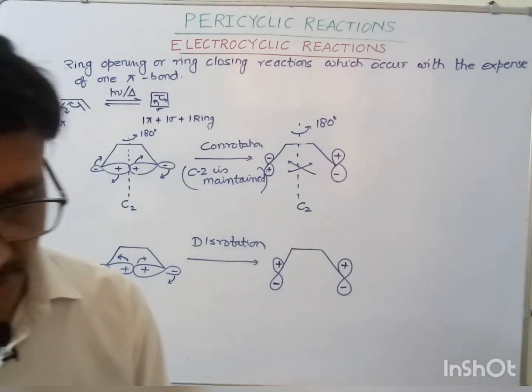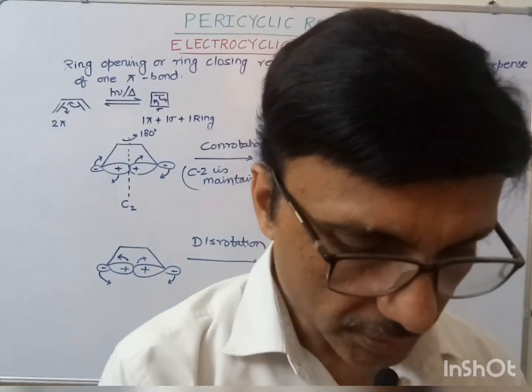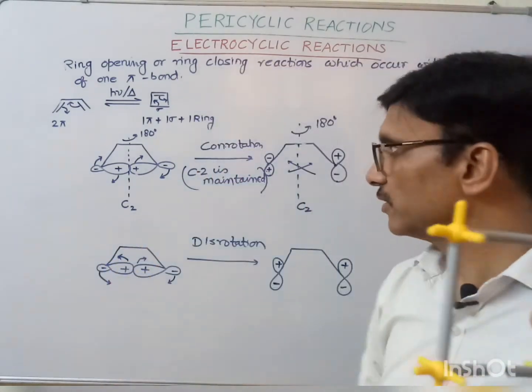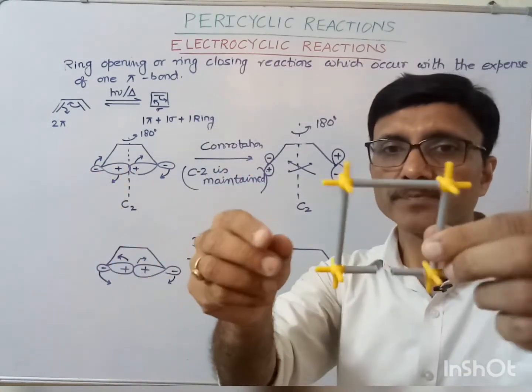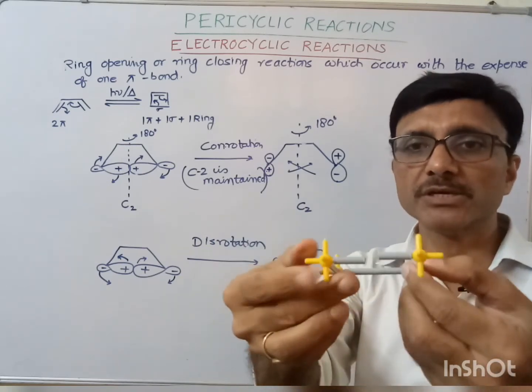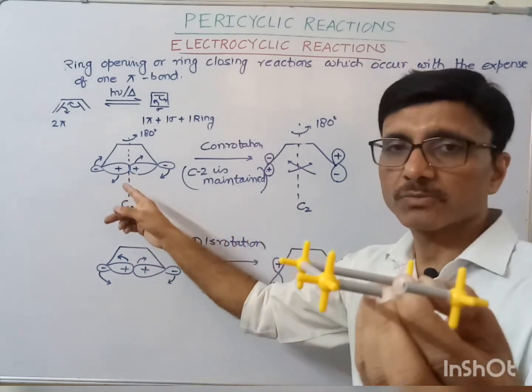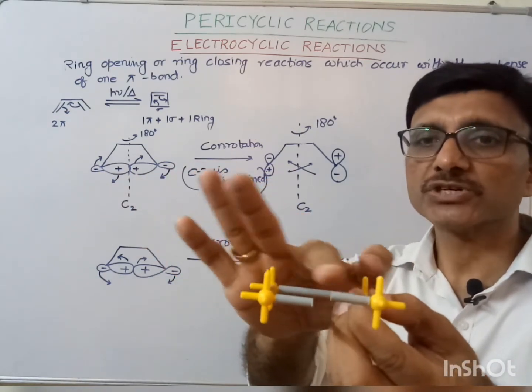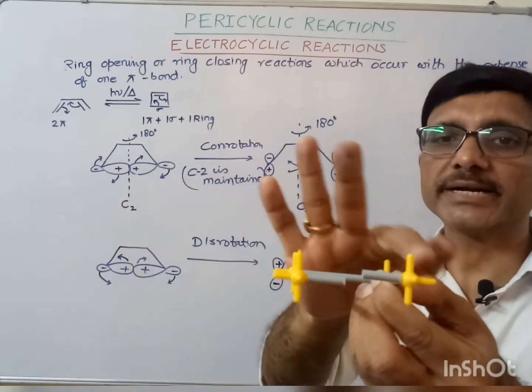We can understand it with the help of this model also. So let me show you this model. If this is the bond, this is the positive lobe, and this is the negative lobe.